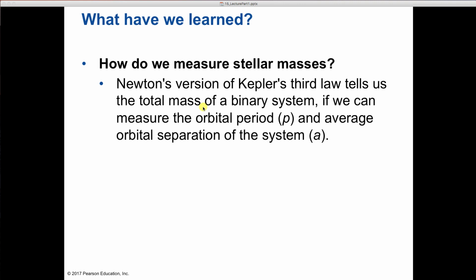And we can find the period pretty easily, the amount of time it takes for the stars to orbit each other. But the distance between the stars is a bit trickier. If we can measure the velocity very accurately, then we can get the distance between the stars. But we can't always measure that velocity with 100% precision. We just don't know whether the orbits are inclined to our line of sight or not. So those are some limitations.